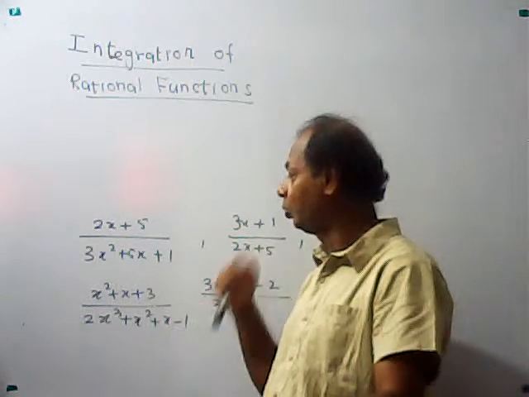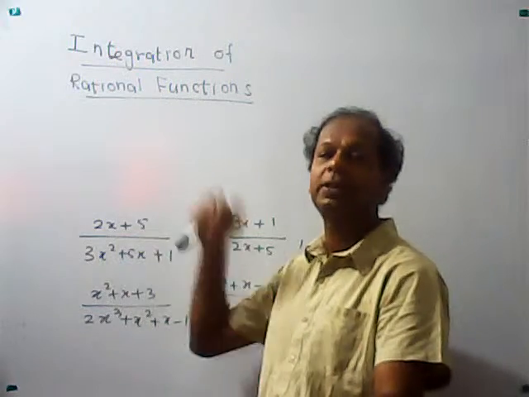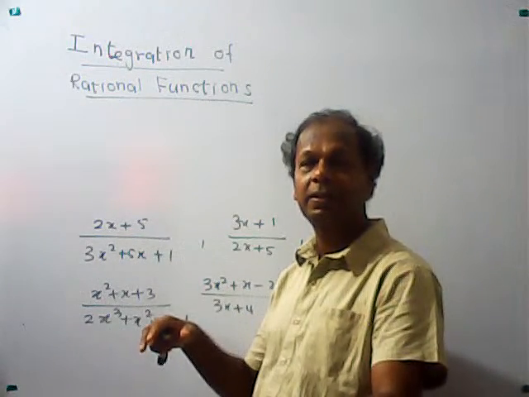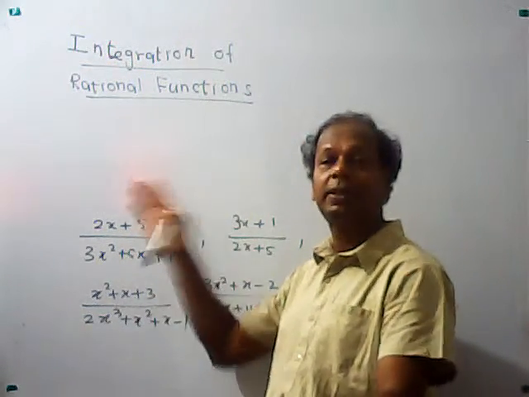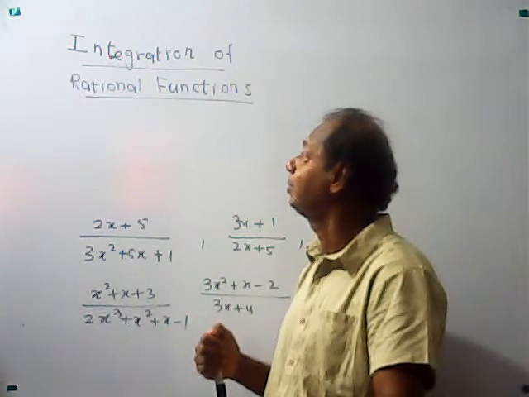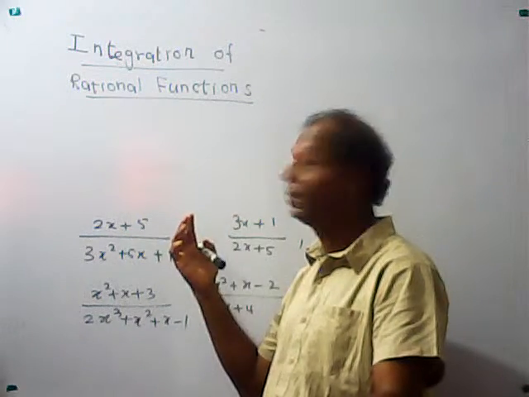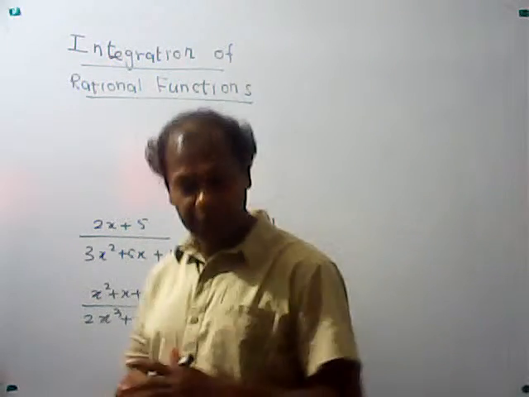It can be a cubic function over a linear, a cubic function over a quadratic, a cubic function over another cubic function. Likewise, very different types of rational functions you can see, right?